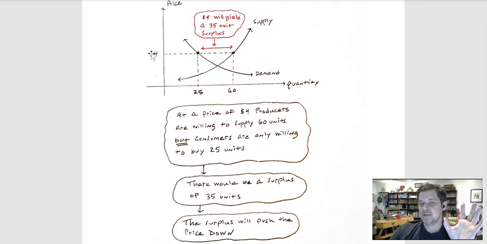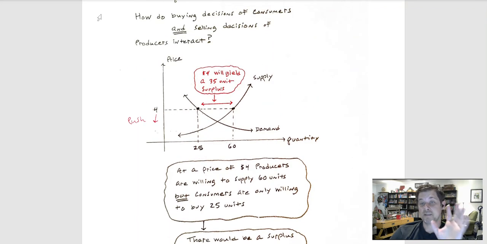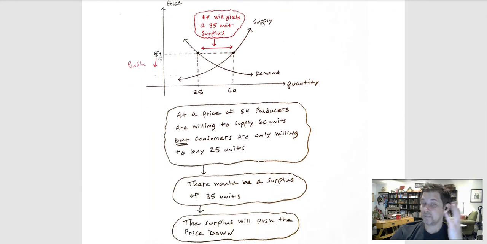At this price here, since the supply is greater than the demand, the price feels this push down because of the surplus. Now again, I'm telling you that just so the concept sinks in, that it's possible for there to be a price that could produce a surplus. And then if that happened, it would push the price down.